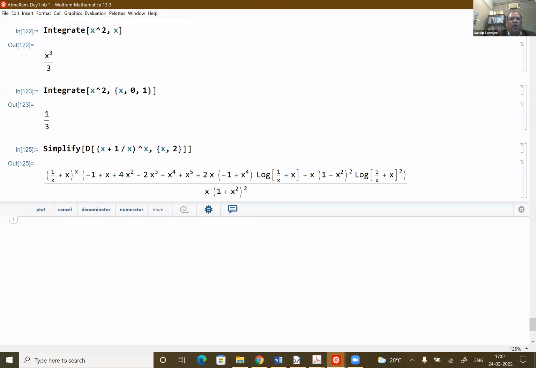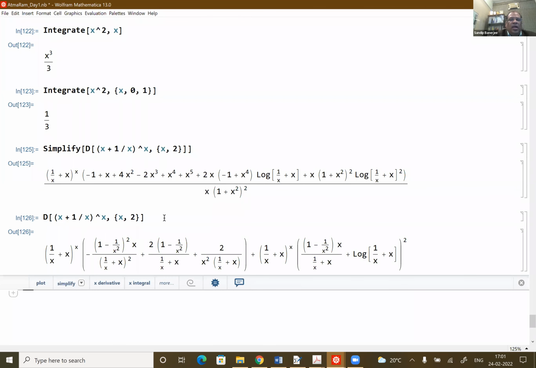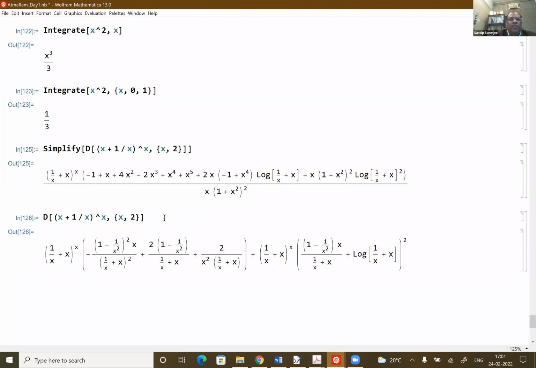Suppose I want this value at x equal to 1. I think the command is, that time you may give a simplify, you may not give a simplify, because really doesn't matter. So this is the value. I think that should be slash dot x tends to 1.